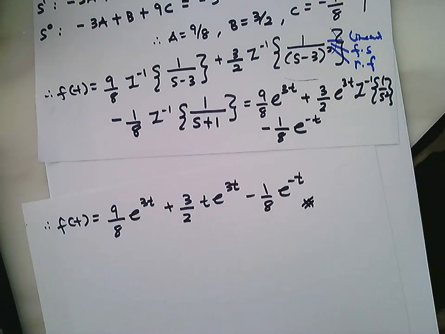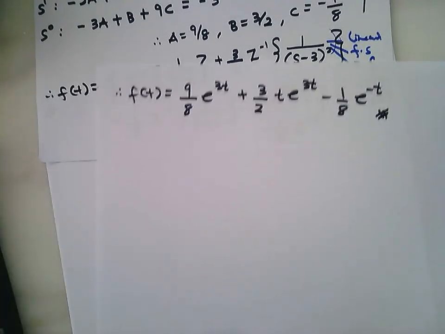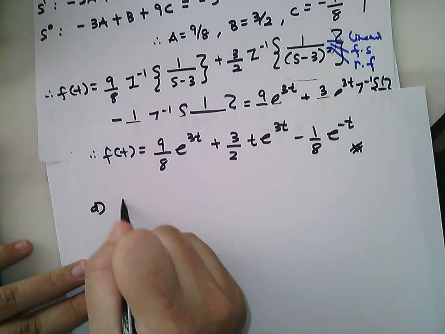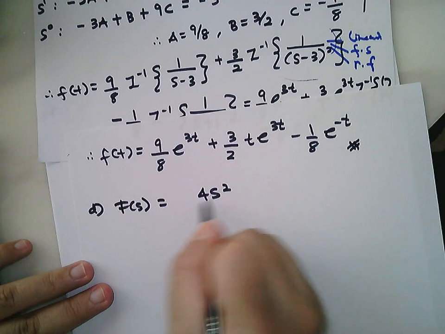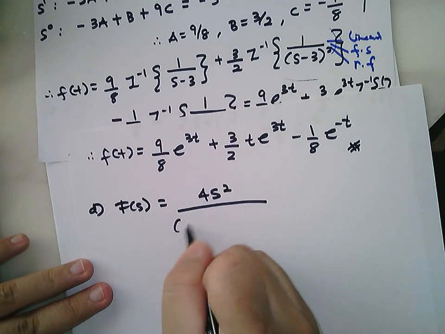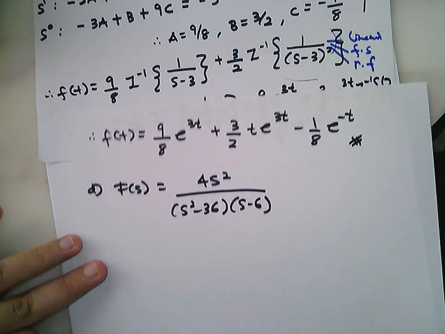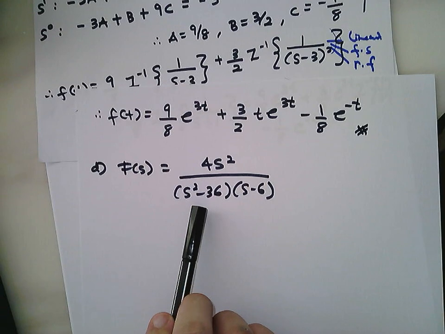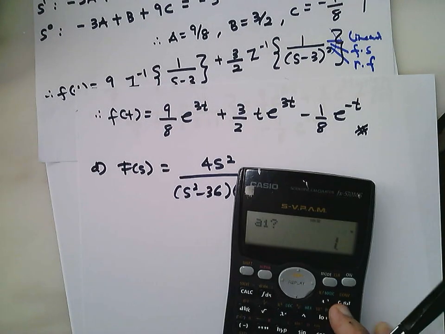Okay, so the last example, let's say you have this function, your F(s) is equal to 4s squared over s squared minus 36 times (s minus 6). Now you have a quadratic function, so first you need to check whether this function can be factorized or not.